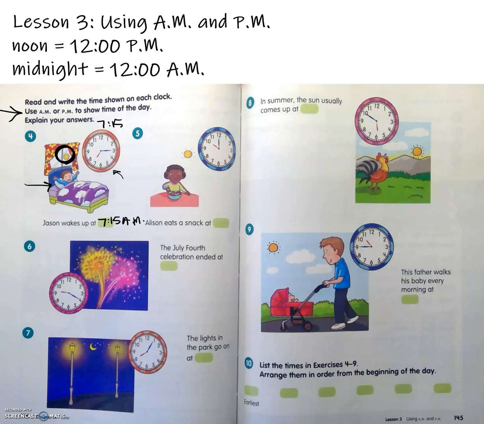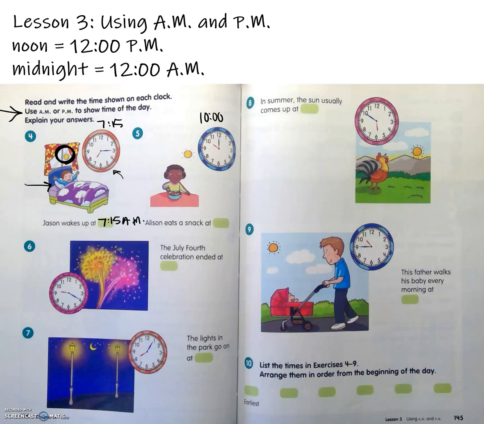Now look at this next one here. My red short hand is pointing to the 10, and my blue long hand is pointing to the 12. The red short hand is the hour hand, and the long blue hand is the minute hand. This tells me that it is 10 o'clock. Now I need to find out if it's 10 o'clock in the morning or 10 o'clock in the afternoon.